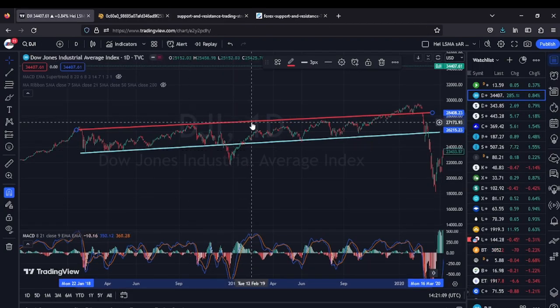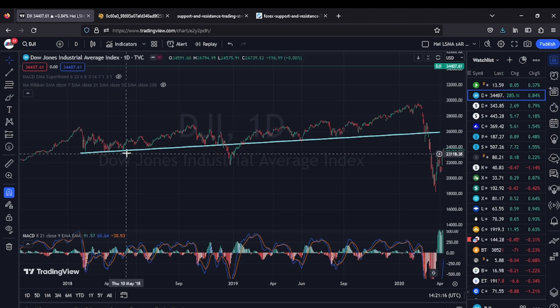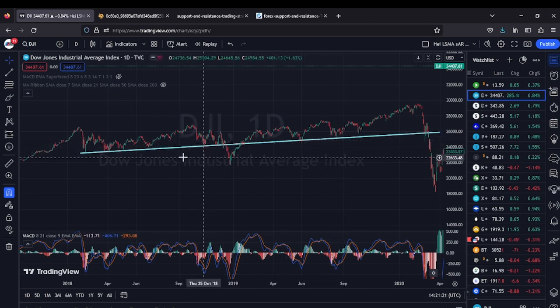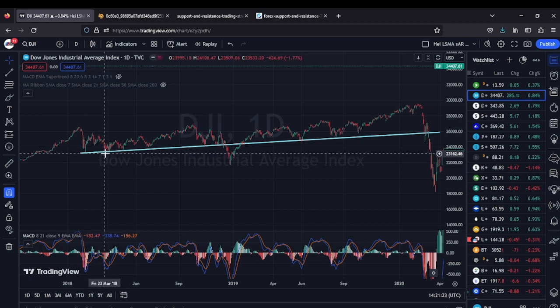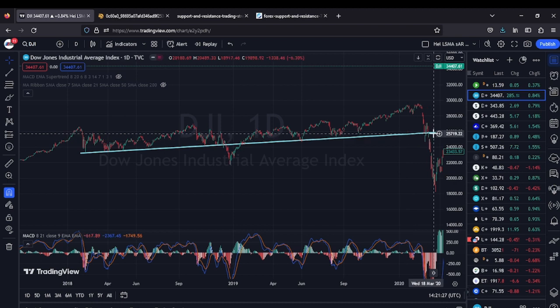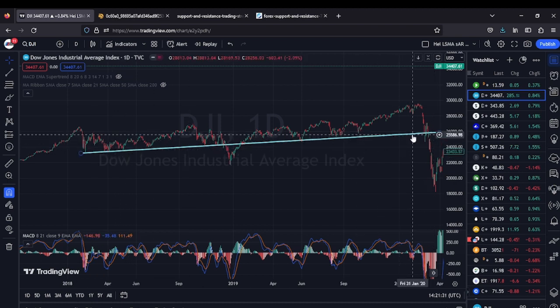Let me take off this one first, the right one. Right here, I connect these bottom places of the price action, and I find a line where I connect the most bottom. That will be my valid support line.